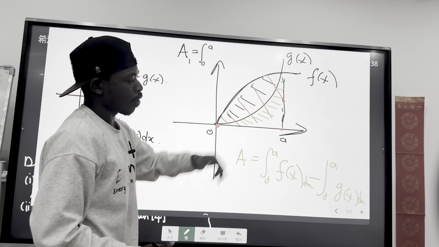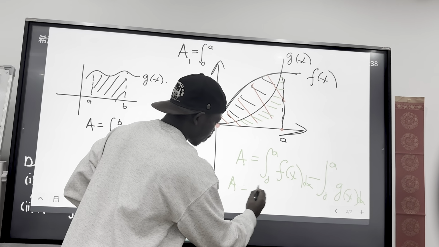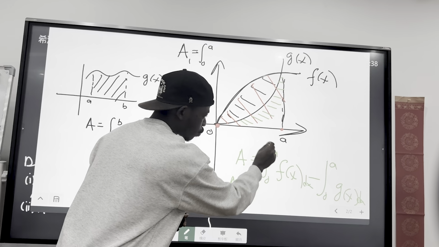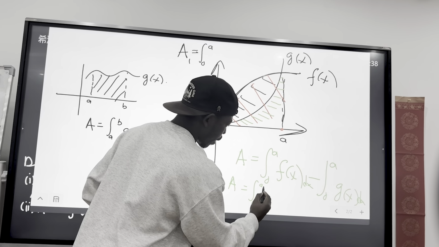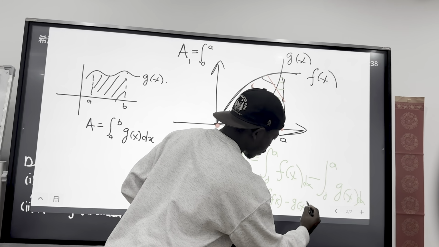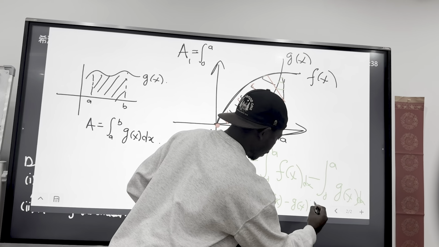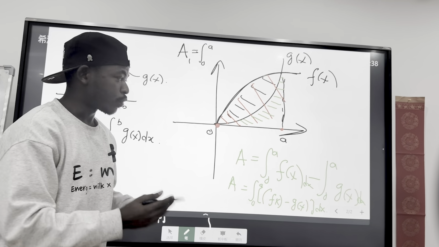So that gives you the area of the shaded region. Of course, you can also just write this because they are all moving from 0 to a. I can just have one thing here and say 0 to a, then f of x minus g of x dx. Okay, let me just start solving the problem so that you can understand more.